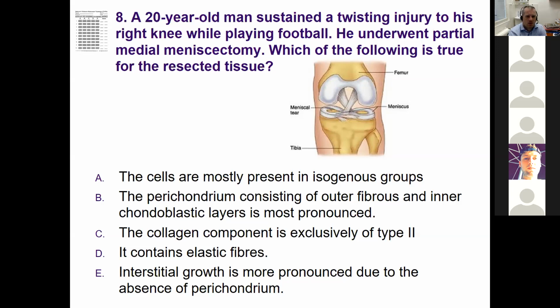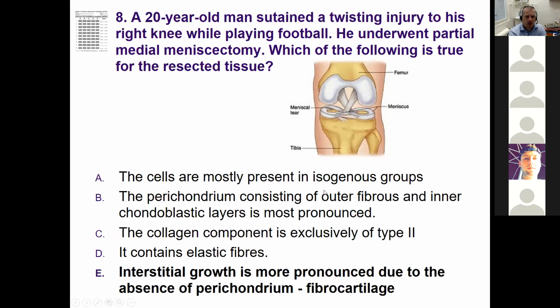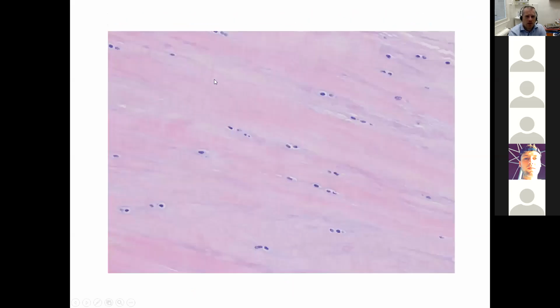You can see most students voted for E, perhaps by excluding the other options. What was the key to this answer? You should know that structures like articular discs or menisci are made of fibrous cartilage. This is a picture of that fibrous cartilage. You can see it's mostly made of thick bundles of collagen, type 1 collagen.